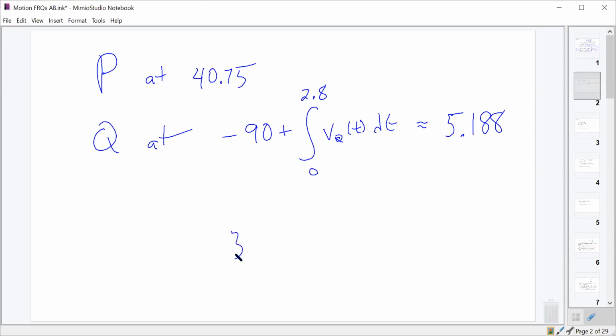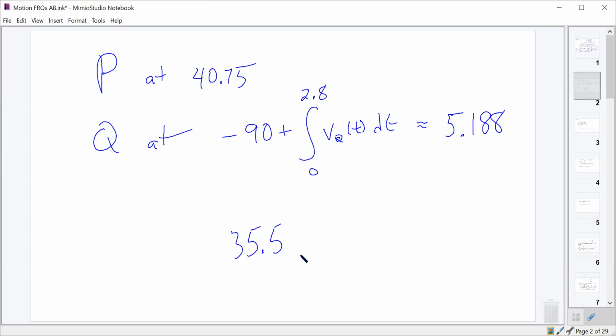35 point something? 35.5. I can do arithmetic. 588? That's not right. 587? No, that's not right either. I can't do arithmetic. What's the difference between 40.75 and 5.188? Something with a 2 at the end.